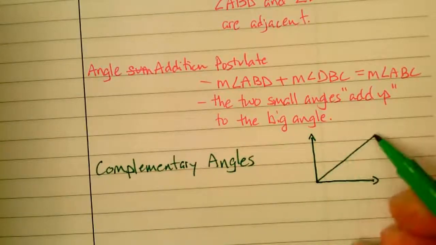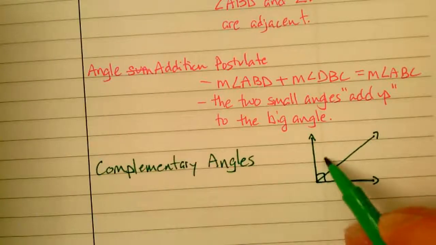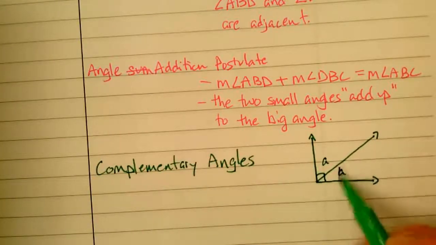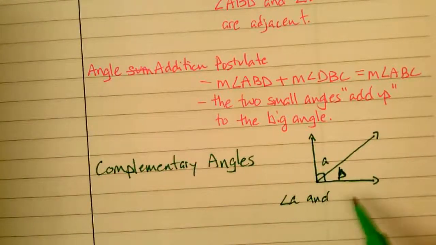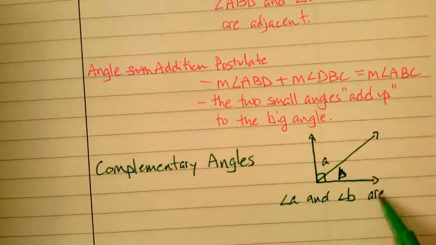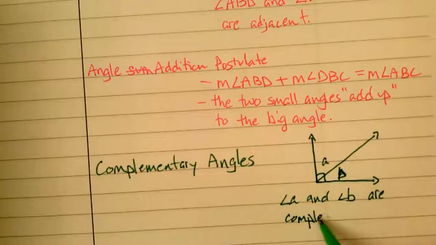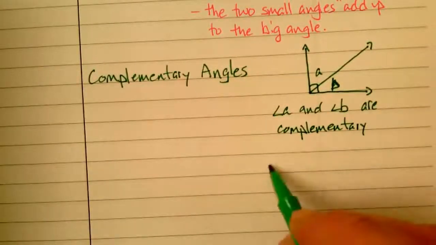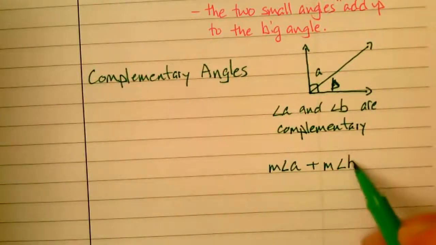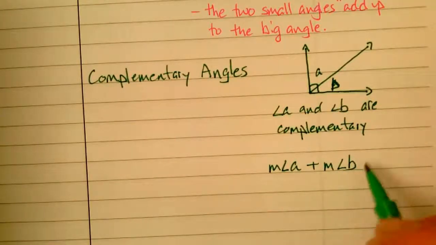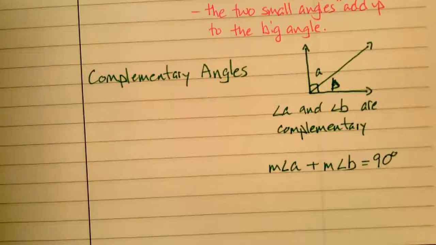So if I have, I'll call them A and B here, we would say that angle A and angle B are complementary. We could also say that the measure of angle A plus the measure of angle B equals 90 degrees.